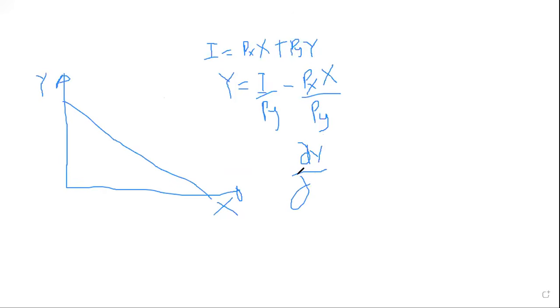This is for those who have done some maths. dy/dx, which is the same as change in y over change in x, would be equal, using the rules of differentiation, to the price of x over the price of y.